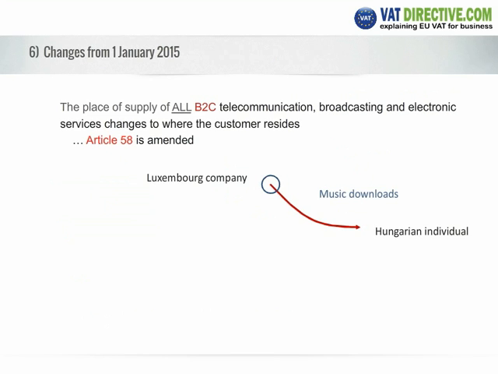So if we go back to that Luxembourg Co billing a Hungarian individual, from the 1st of January 2015, the Luxembourg Co is making a Hungarian supply. Prior to the 1st of January 15, this was an Article 45 B2C supply, place of supply in Luxembourg. That would come with a 15% VAT charge prior to the 1st of Jan 15.